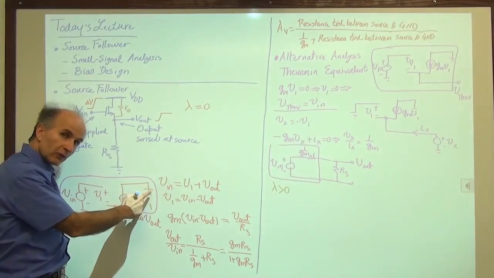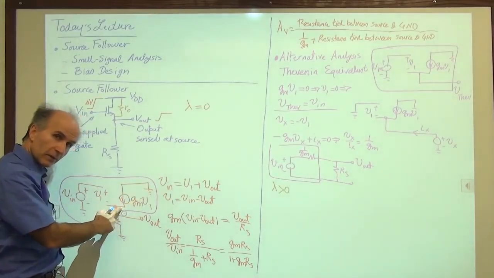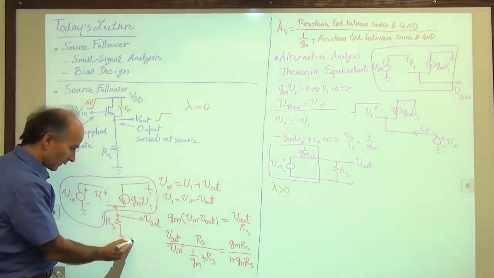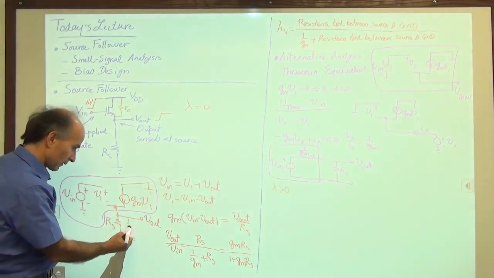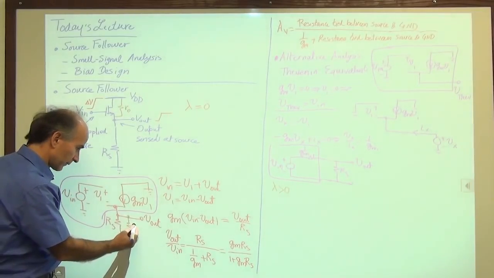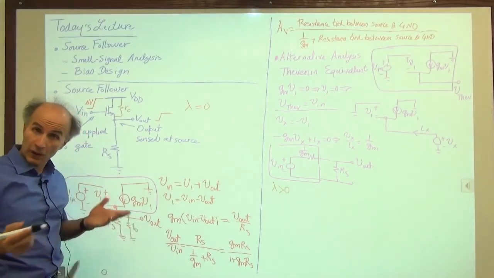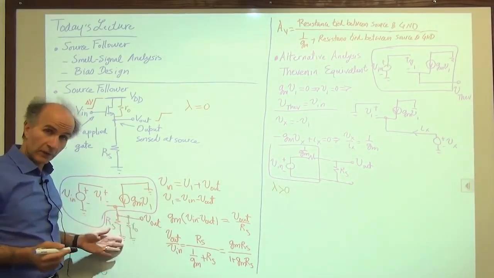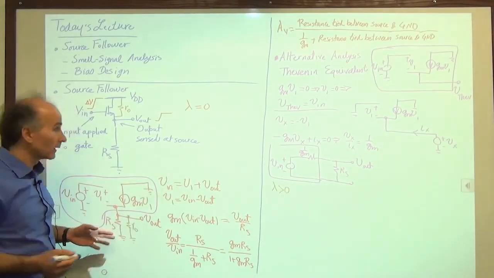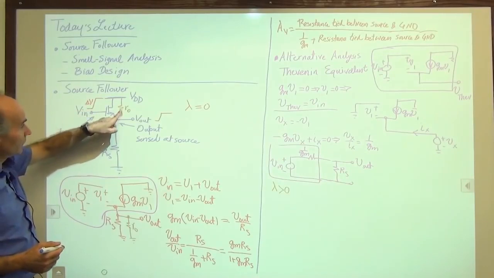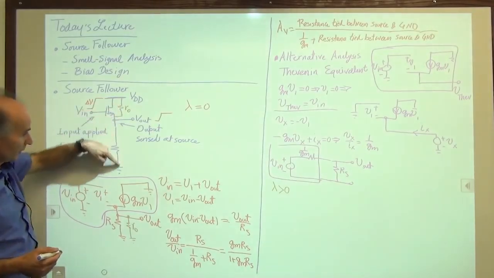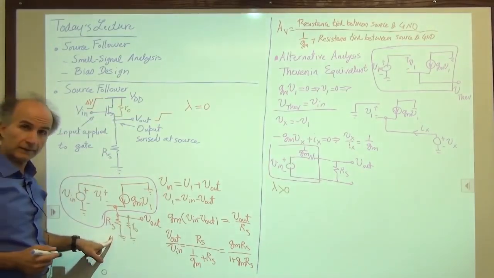So it's between the ground and the source, right here. So RO is actually in parallel with RS, as you can see. Again, it might be easier to see here too. We have RO going from here to AC ground, and RS going from here to AC ground. So they're just in parallel.